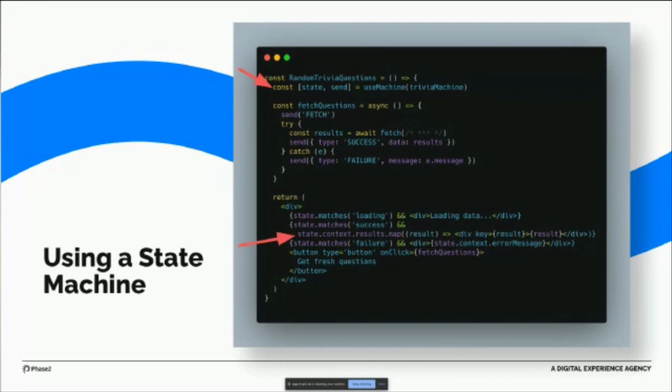But one of the real superpowers of using XState is it gives you state.matches, which is a function where we can pass in a string representation of the state, and it will return true if we're in that state, and it will return false if we're not. This becomes even more handy when you use some further features of XState to have nested states or parallel states.